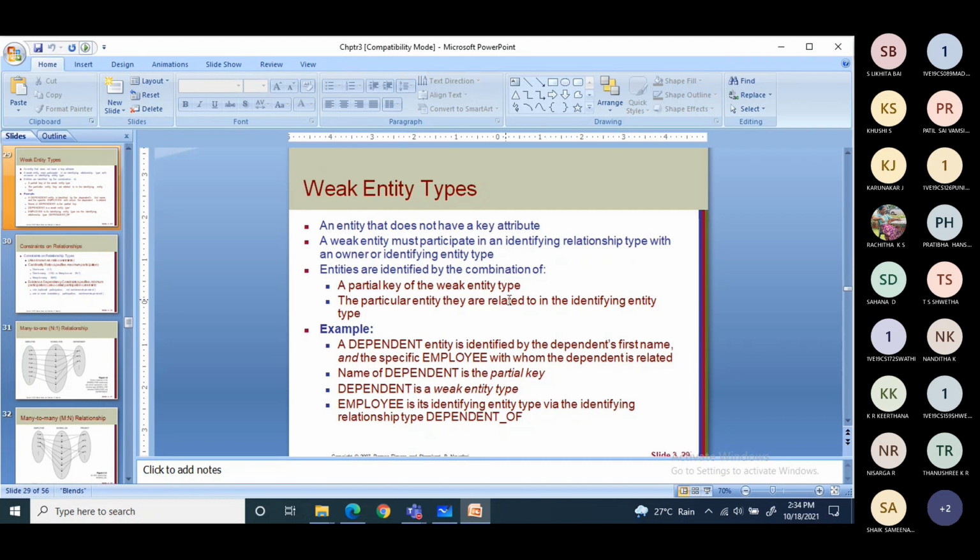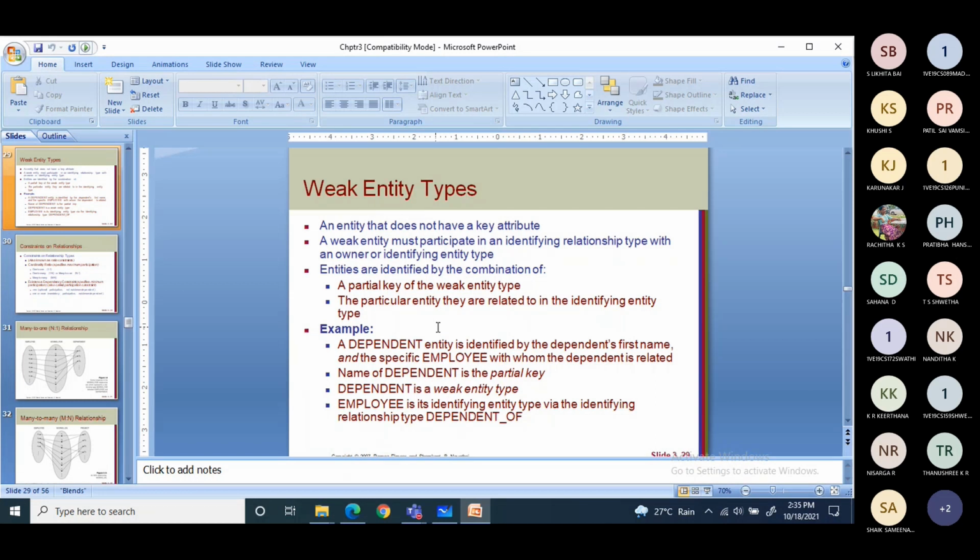The particular entity they are related to in the identifying entity type. Particular entity means a key attribute should exist, then only can we call it an entity type. But when you have partial keys, then that is called a weak entity type.